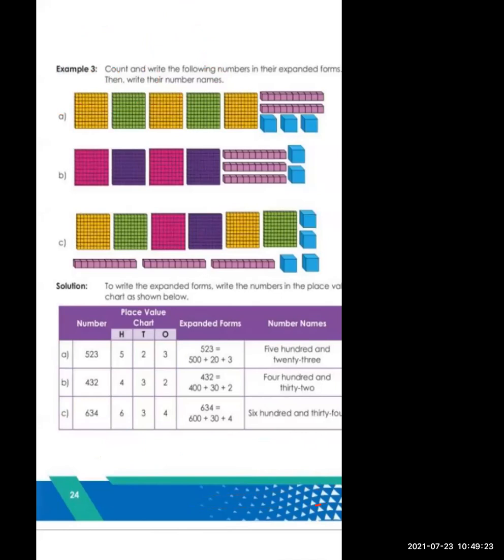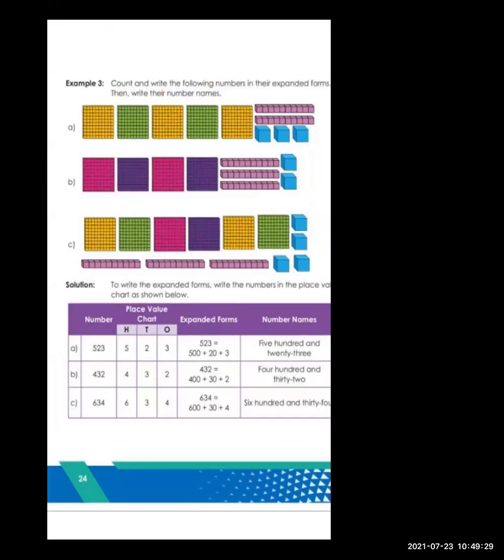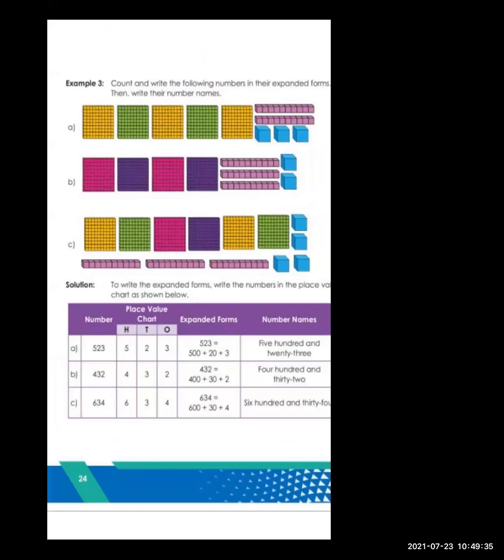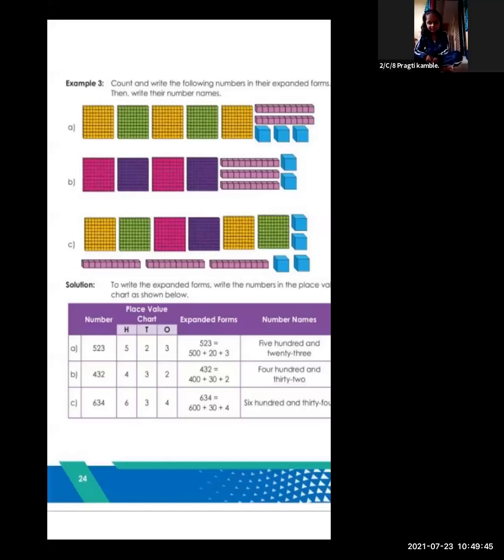So in the textbook, page number 24, the second question is given. I unmute another student. That student will tell me how many hundreds are there and how many tens and ones are there. Pragati Kamble, I unmute you, Pragati. Yes.